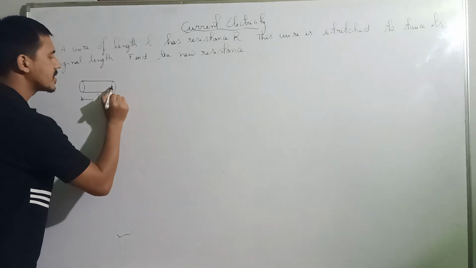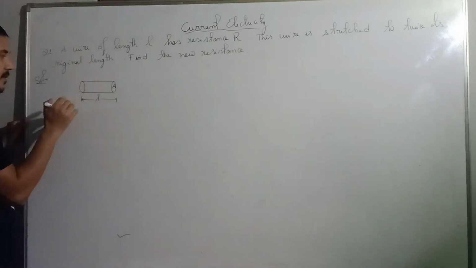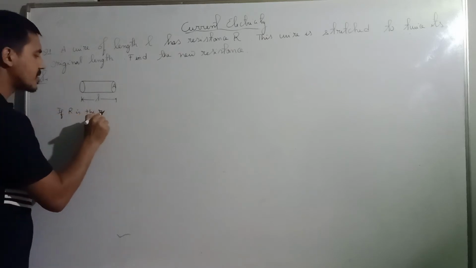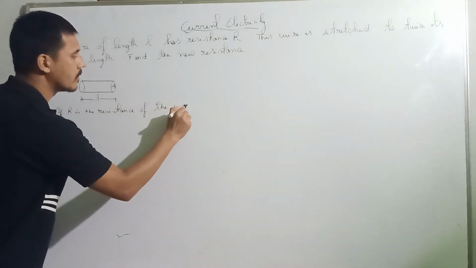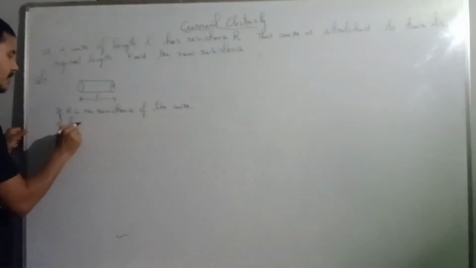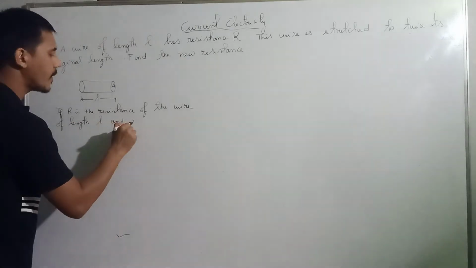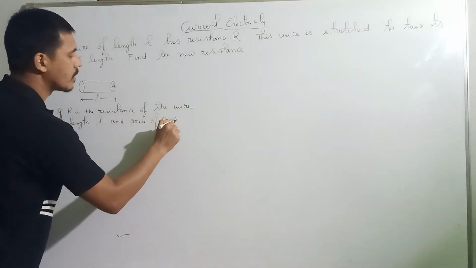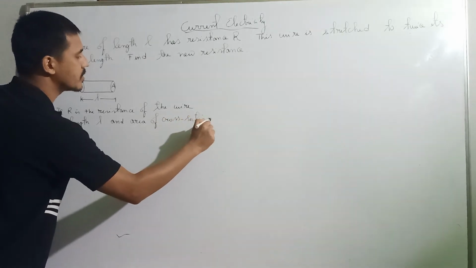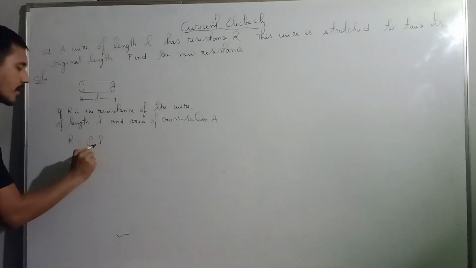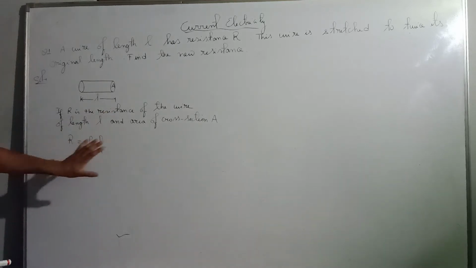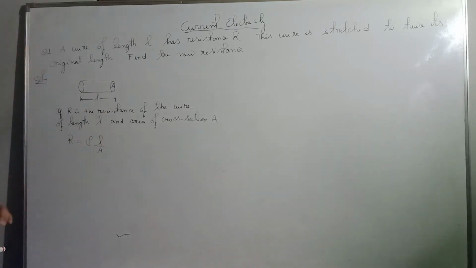Let's say that A be the area of cross-section of this wire, and if R is the resistance of the wire of length L and area of cross-section A, then in that case resistance is given by rho L upon A, which we have seen a few minutes back, the formula for the resistance of a conductor.